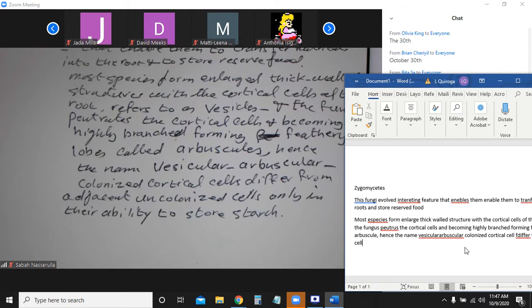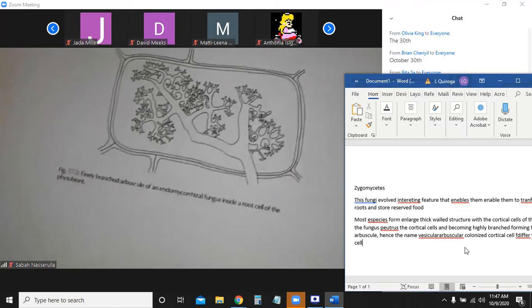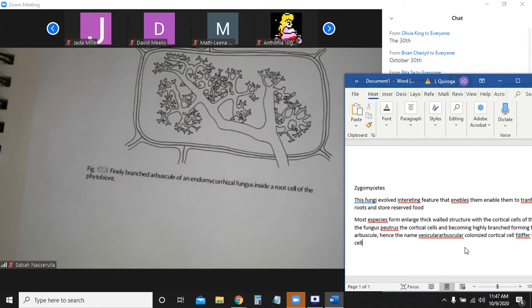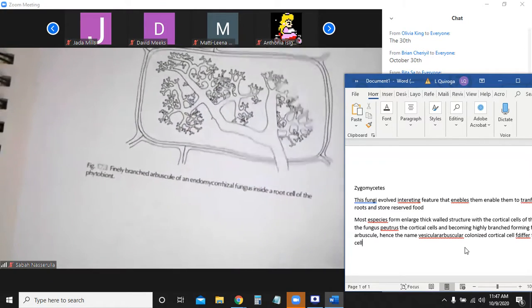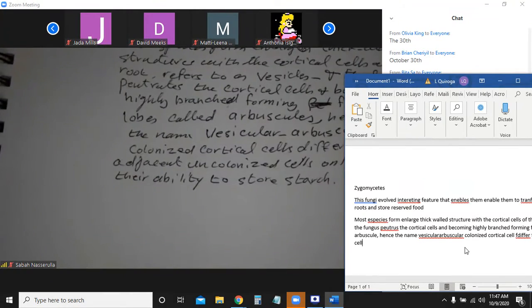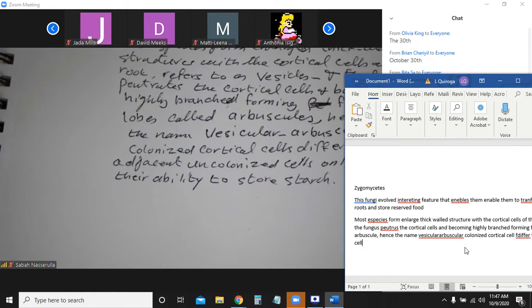Now, the last thing I want to mention is about the fungi inside the cell. Their hyphae are usually non-septate.